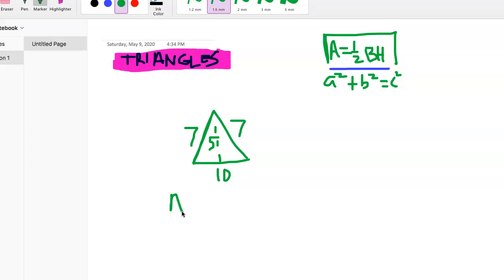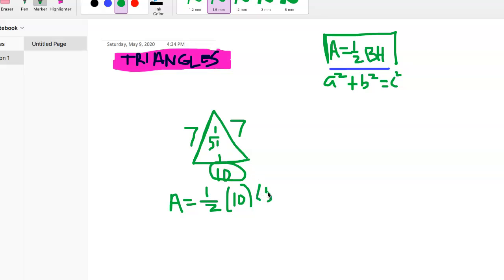So we have area equals 1/2. The base is right here down at the bottom, so there's our 10. And then height. Height is 5, like that little dotted line that goes through the middle of the triangle, that's where height is.